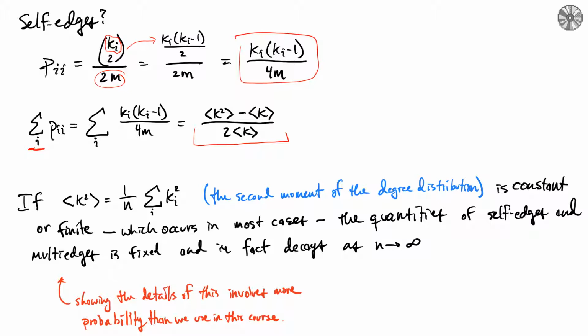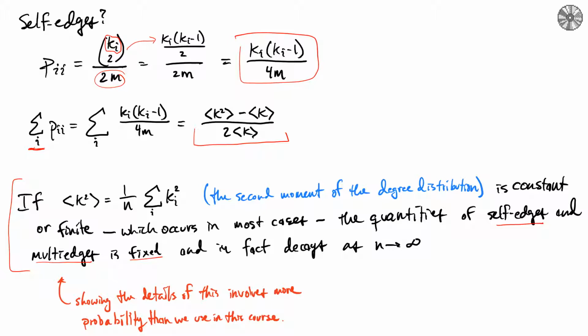And so now this is the result that we're going to quote and not really prove because it's a little bit beyond us in this class. But it says that if the second moment of the degree distribution is constant or finite, which in most practical cases we end up seeing, that the quantities of self-edges and multi-edges is fixed.